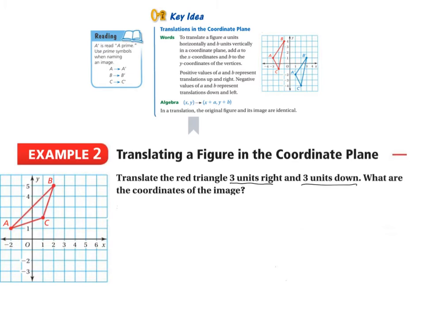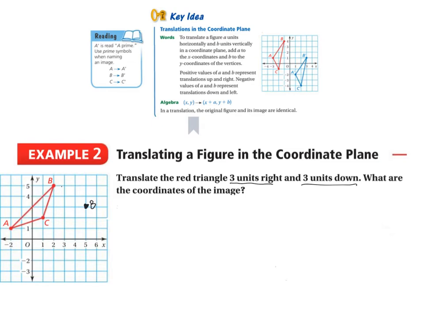So the best way to do that is to look at each particular one. I'm going to look at B, and I'm going to go 3 units to the right, 1, 2, 3, and 3 units down, 1, 2, 3. So this would be B prime.